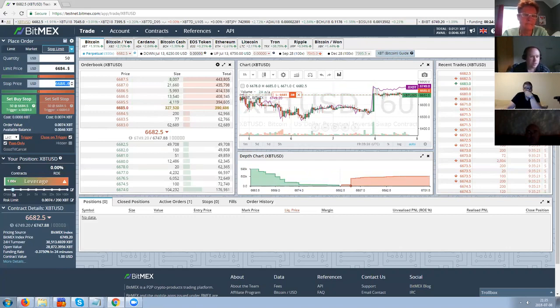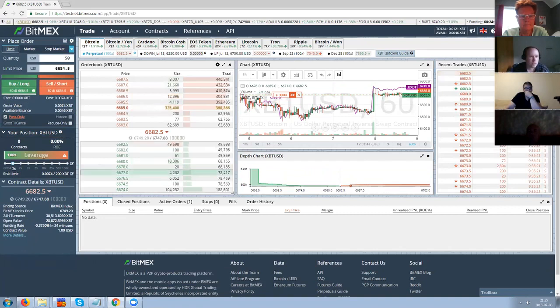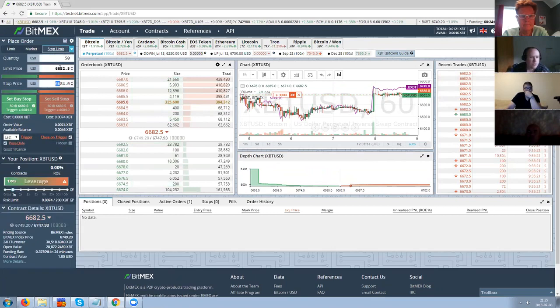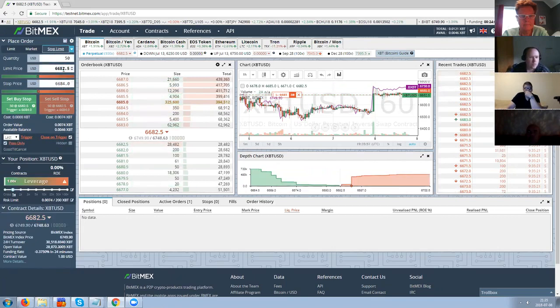And then you set buy stop or set sell stop. Now I don't have an order, so I can only do a buy stop. But when I do have a long position, a buy order, then I can set a sell stop at the price I wanted to. See, it's gone down a little bit now.